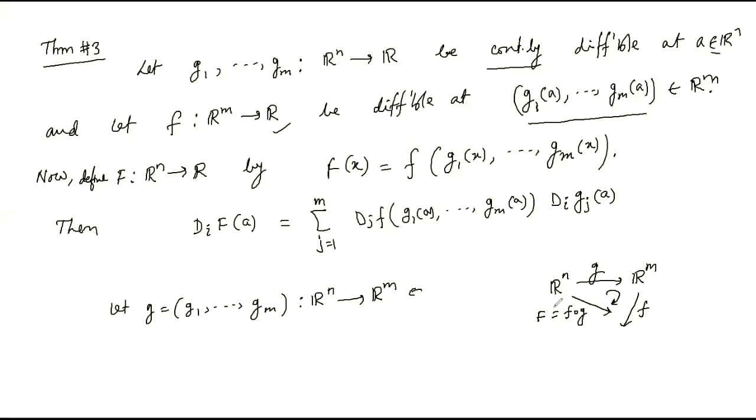Now we compute the ith partial derivative of the component function F. We have F of x equal to f composed with g of x.